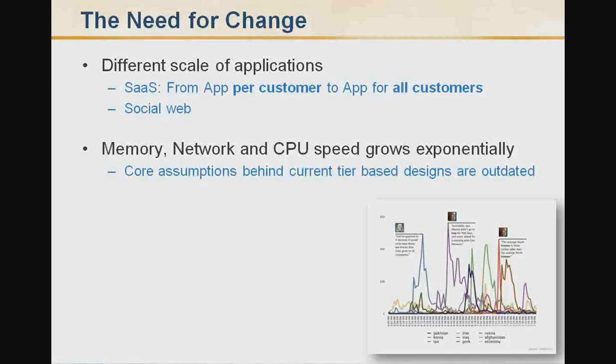Regarding memory and network, we're seeing a constant growth both in memory capacity and network latency and bandwidth. Just a few numbers on that. Seeing 144 gigabyte machines that have 144 gigabytes of RAM is no longer something uncommon.